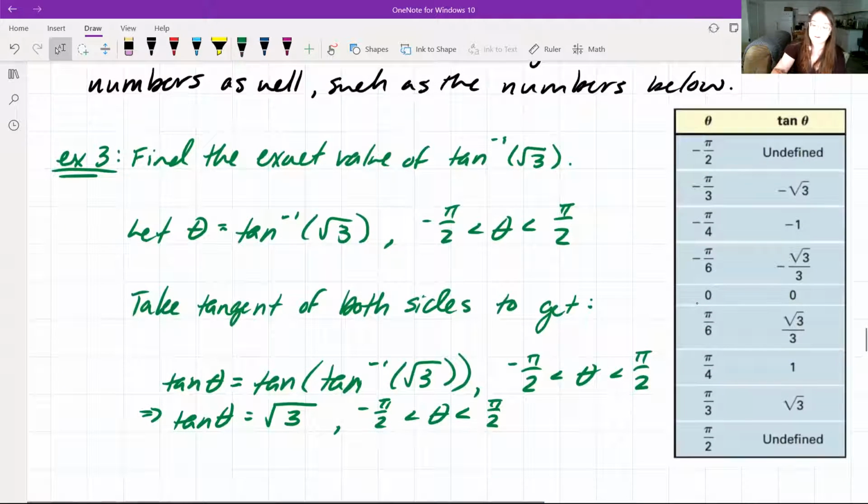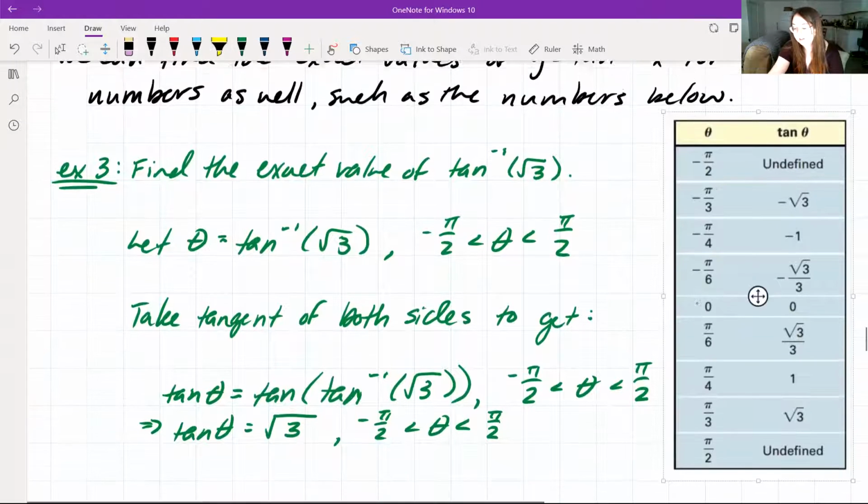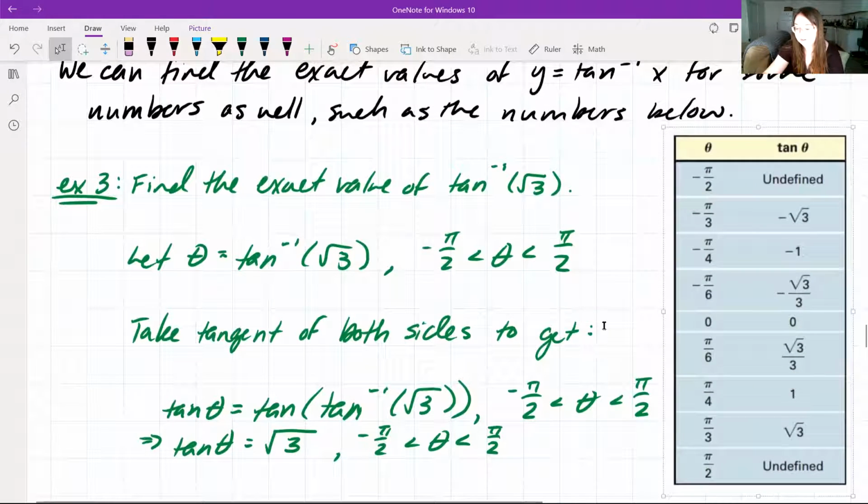All right, on our table here, we're going to look for the square root of 3, which if we go down our table, we see is here at the bottom. It corresponds to pi over 3.